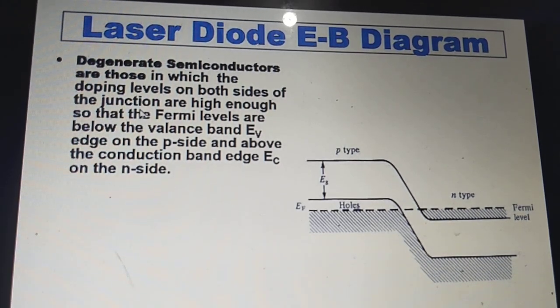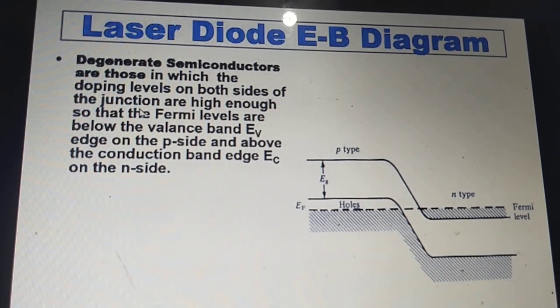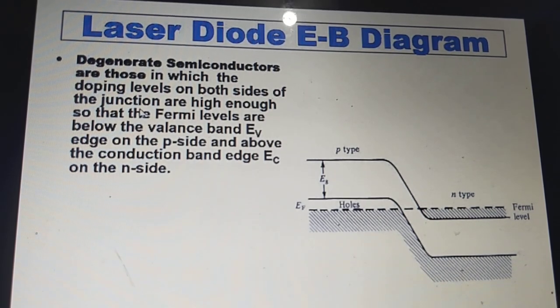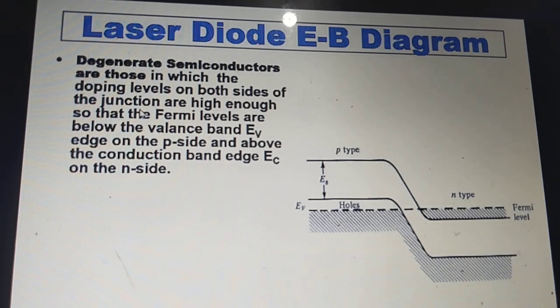So I told that in that situation, these are known as degenerate semiconductors. I think at least we should pick up the concept of degenerate semiconductors. It's very important. It is useful in many very efficient applications.